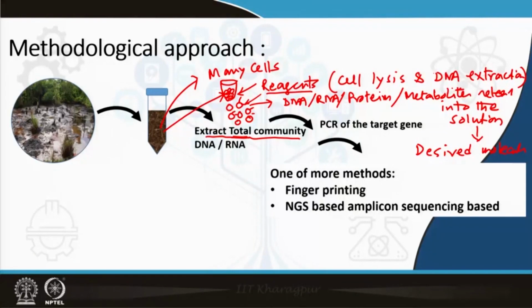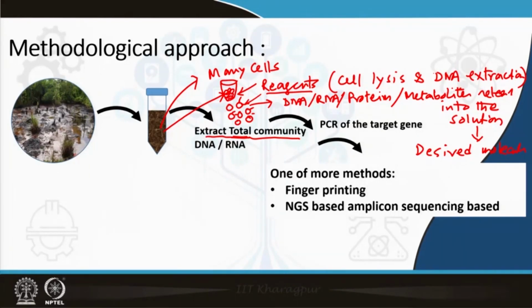So, we take out the sample, and in the sample itself we add the reagent, lyse the cells, and then we get the nucleic acids out of it. And then it is all about the chemical treatments, and those chemical treatments basically allow the segregation of the desired molecule like the DNA from the rest of the molecules.